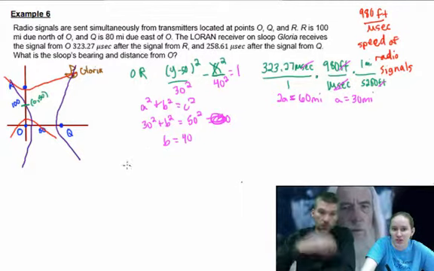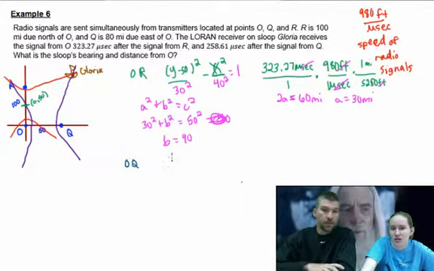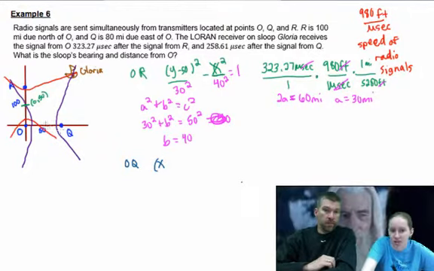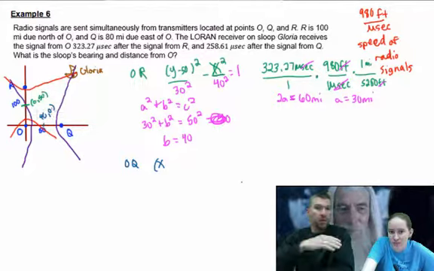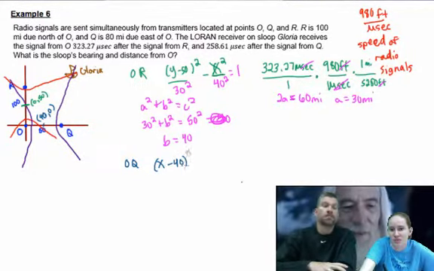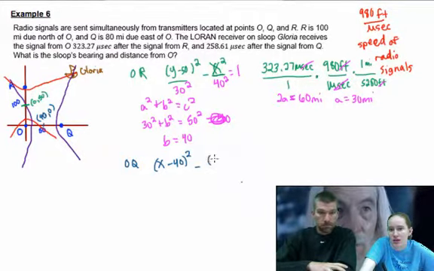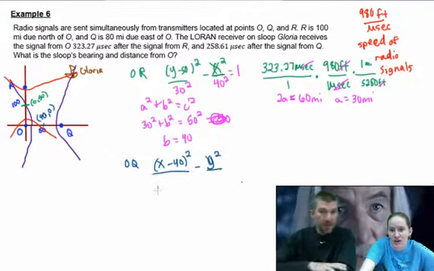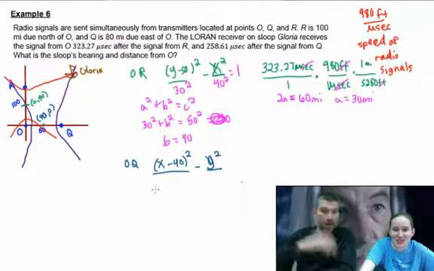So for our hyperbola that's OQ, that has x first, and our center, if that's 80 all the way across, would be 40 comma 0. And that would be with the x coordinate, not the y coordinate this time. So x minus 40 squared, and then we just need y squared.